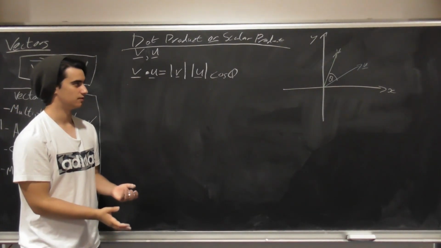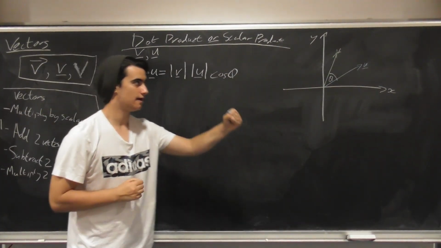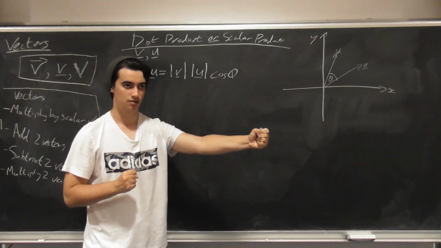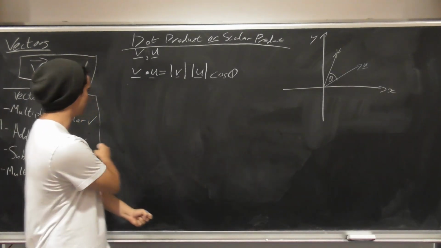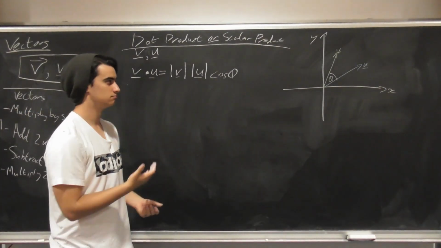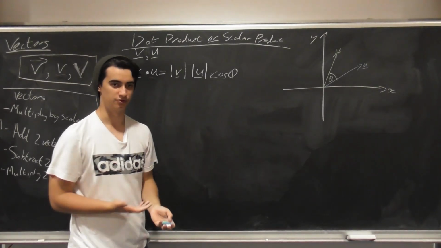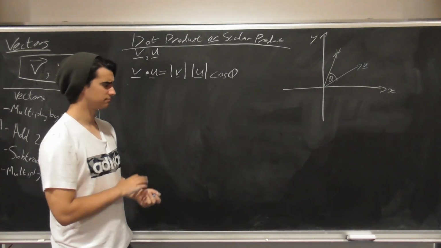And that makes sense, right? The magnitude of v, how big v is, and how big u is, are just normal numbers, like our scalars from the beginning. Those are just normal numbers that we can do anything with. And a cosine, again, is just a normal number that we get spit out.